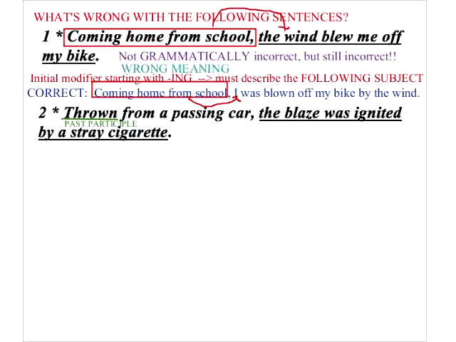There's another rule just like the first one that says when you have an initial modifier starting with a past participle, same kind of restriction, then that also must describe the following subject.